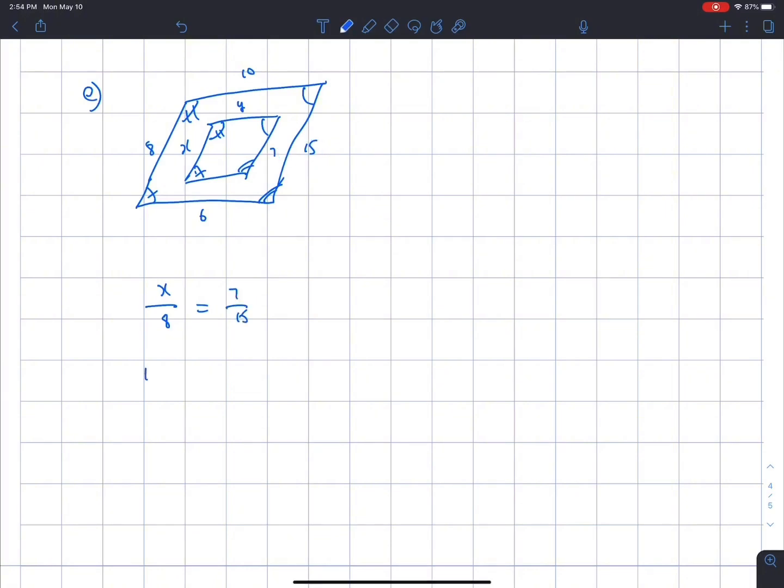And then we cross multiply. We should get 15 times x equals 7 times 8, which is 56. And then we divide both sides by 15. So x equals 56 over 15.